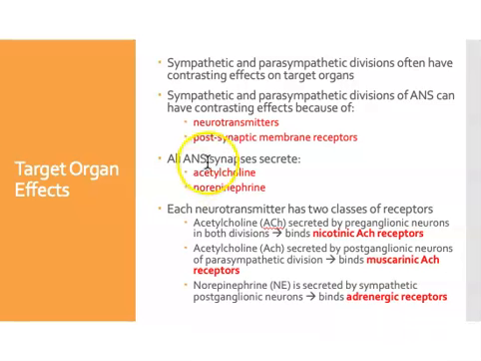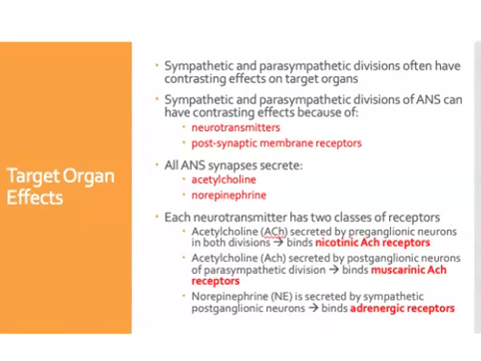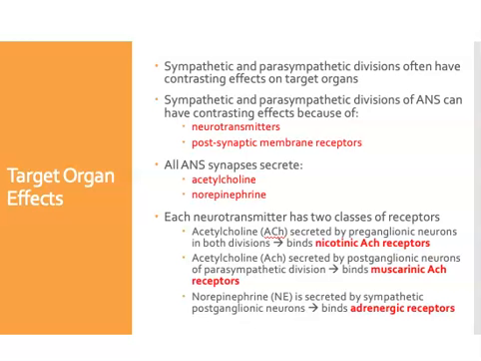Each neurotransmitter has, again, two choices of a receptor to bind to, right? It's either going to bind to an ionotropic receptor or a metabotropic receptor. We're going to introduce some new vocabulary now to talk about these postganglionic neuron membrane receptors. Acetylcholine is going to get secreted by that preganglionic neuron in both divisions, in both the sympathetic and the parasympathetic.